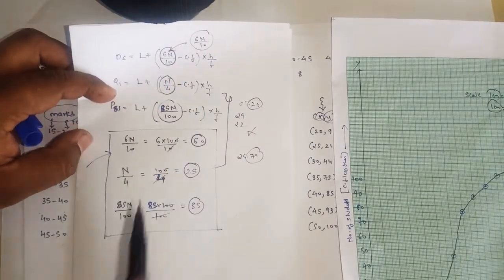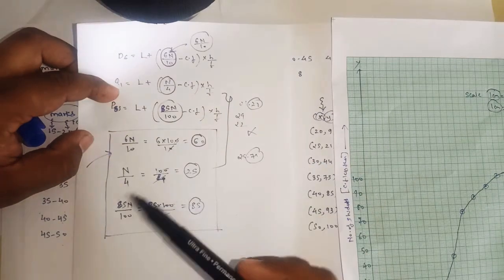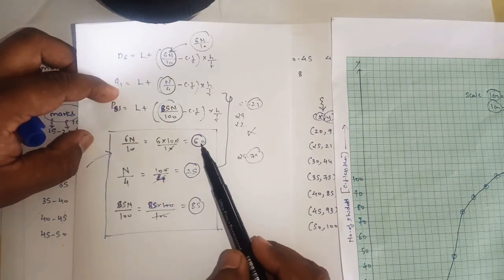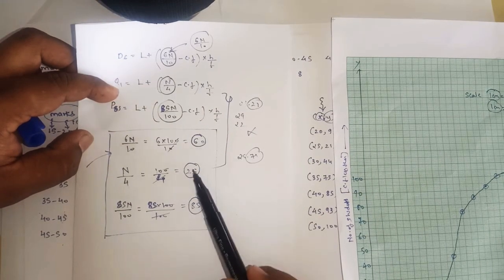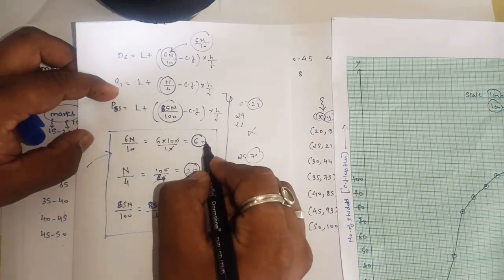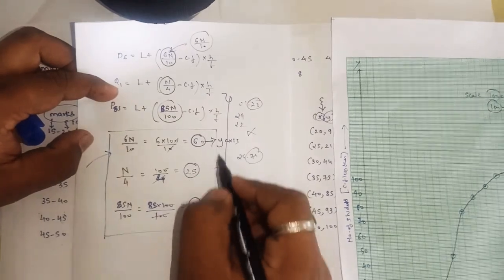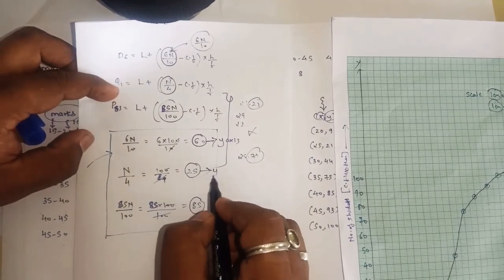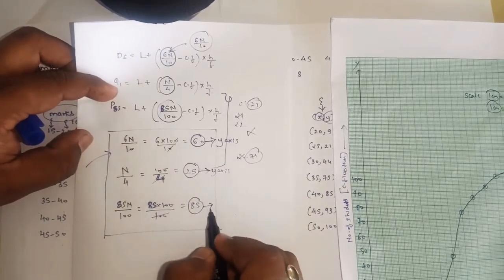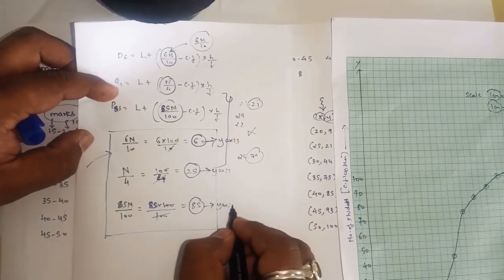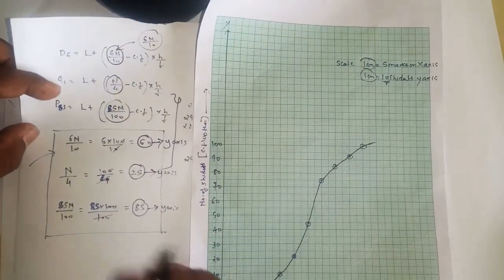Simply consider this part, substitute the value of n, and you will get this answer. After getting this answer, you just have to see where this 60 lies on the y axis, where this 25 lies on the y axis, where 85 lies on the y axis. That's it. So first, 60, see where it lies.